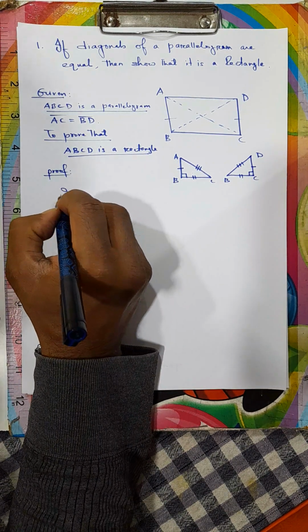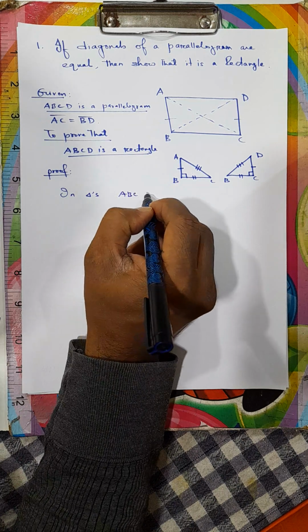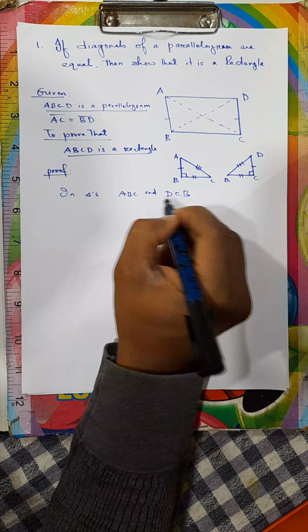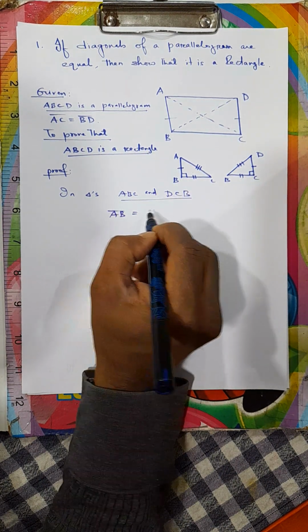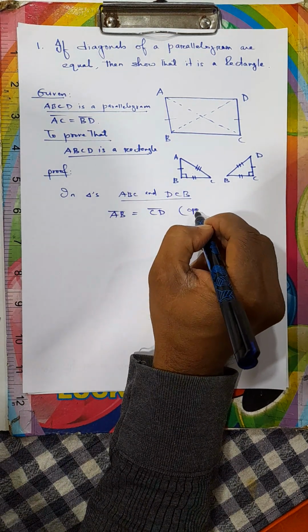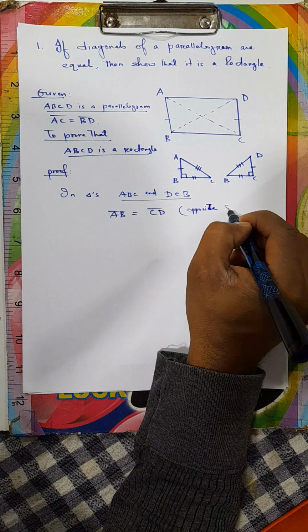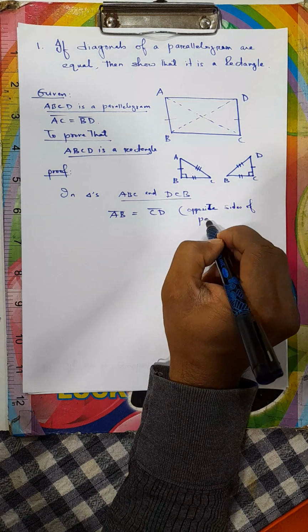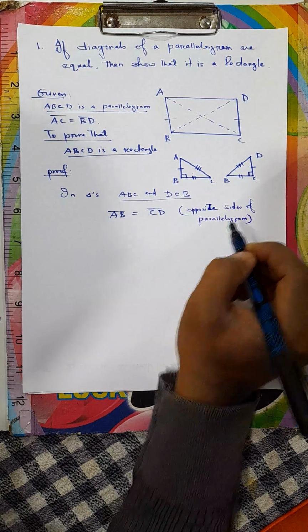So in triangles ABC and DCB, these two triangles, AB equal to CD, opposite sides of a parallelogram, right?